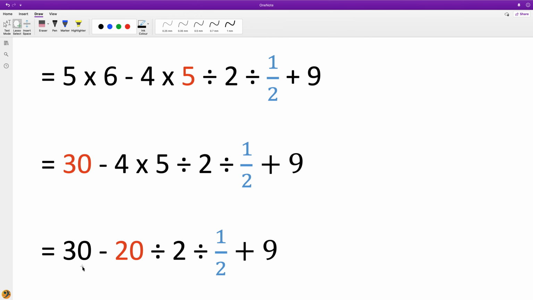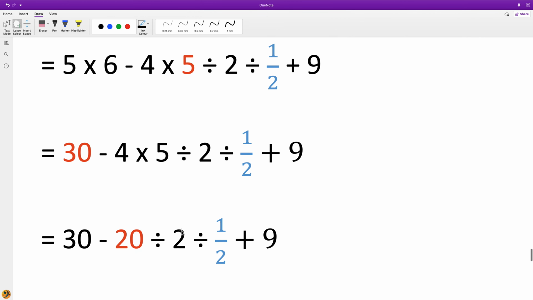Okay, so as you can see, this is starting to get slightly more simplified as we're moving through and adding more lines of working out. Once again, we have a look and we have a subtraction here and we have a division here. When we compare the two, we know that division is a higher order than a subtraction. So the next part we're going to do is evaluate this part here, 20 divided by 2.